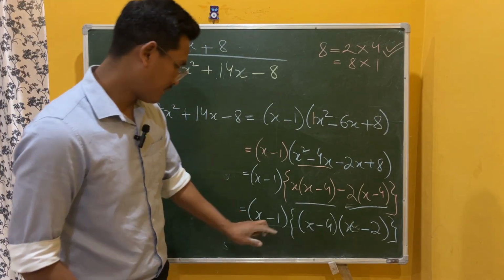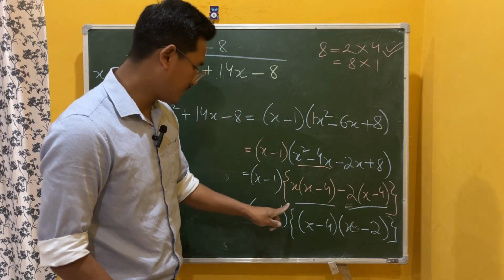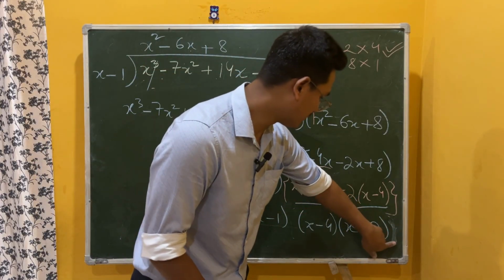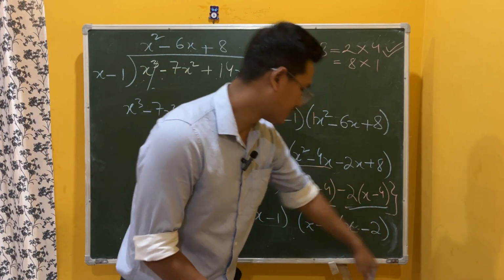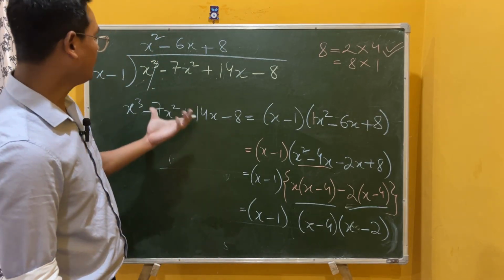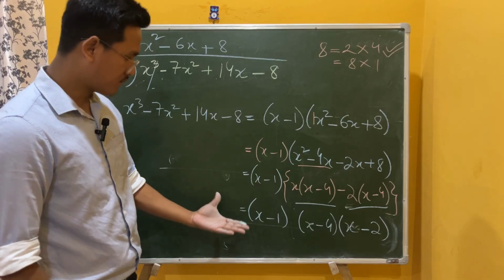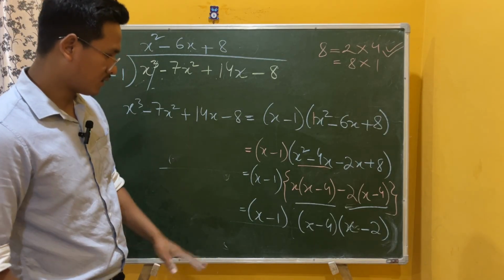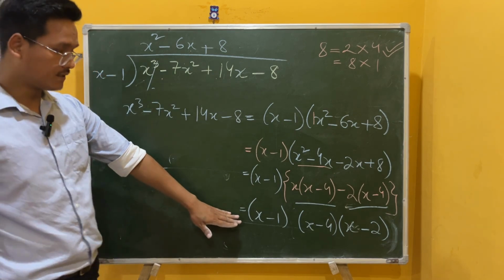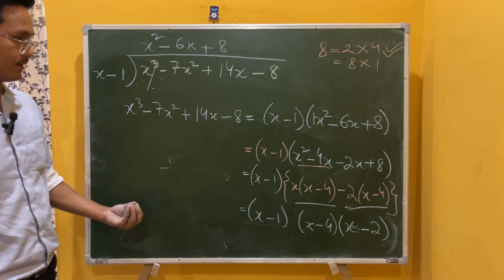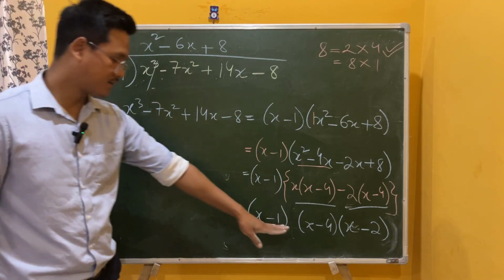From this point, in the next line you may remove the curly bracket because it's just multiplication between the three factors. So this is a complete factorization of the given polynomial. This is what the question demands. So this is how it's done. I hope you understood. So we have one more method to get this answer.